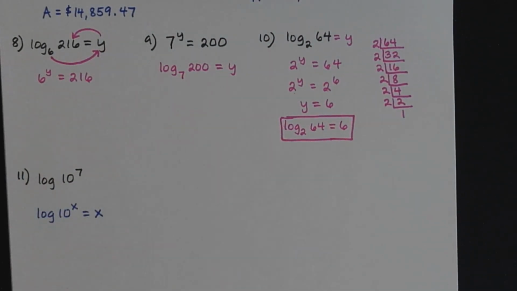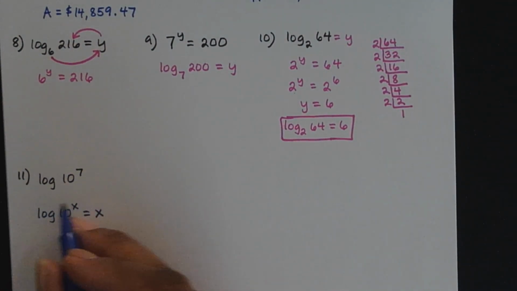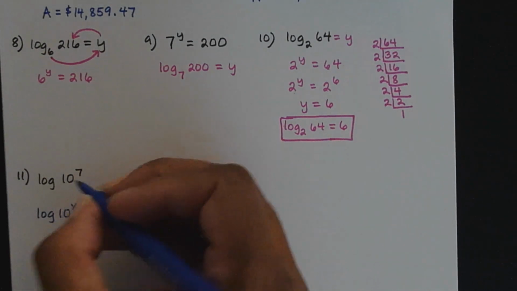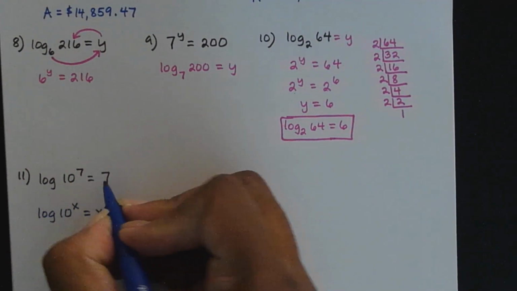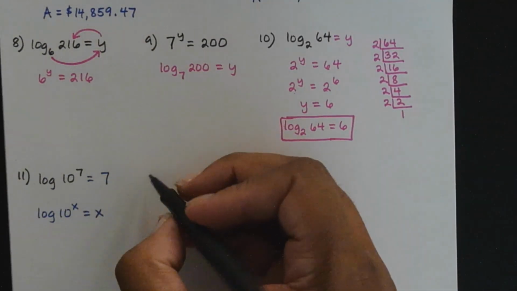That's one of those inverse properties. If I apply that property, what would log of 10 to the 7th be? 7. Of course, log to the base 10 and base 10 itself are inverses of each other. Questions about problem number 11?